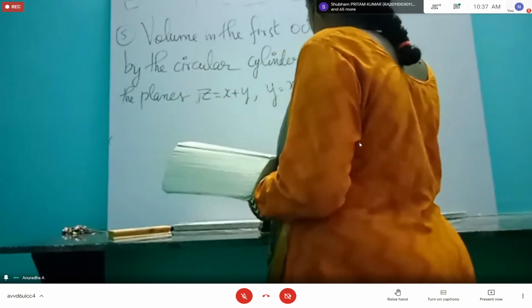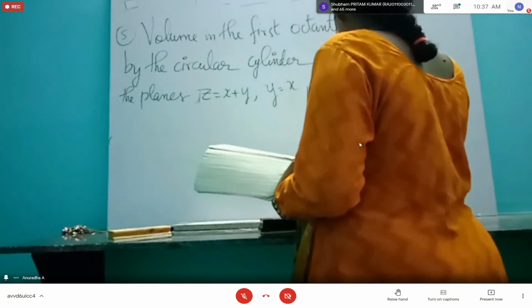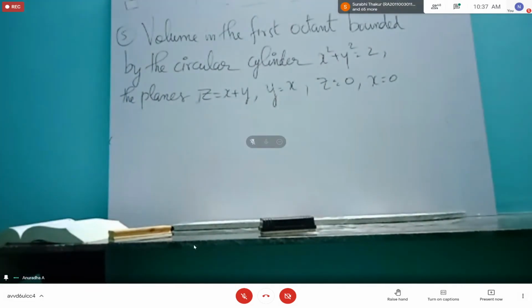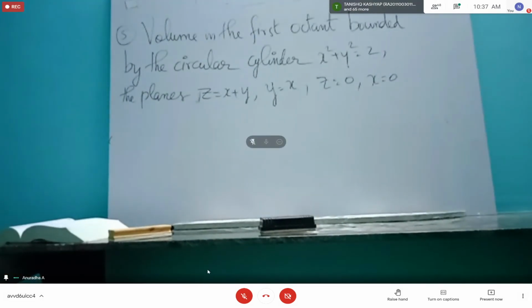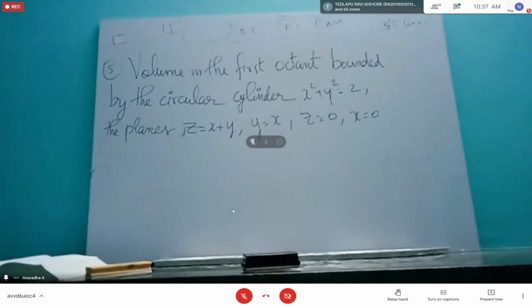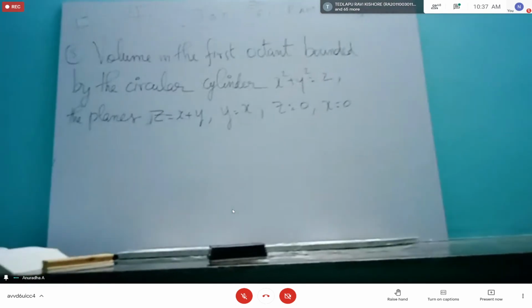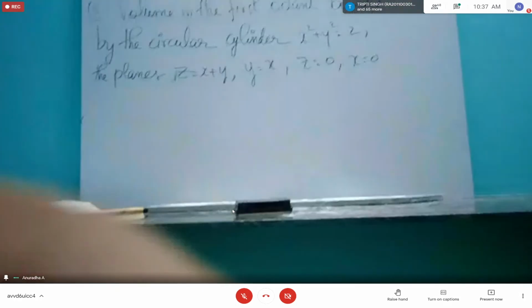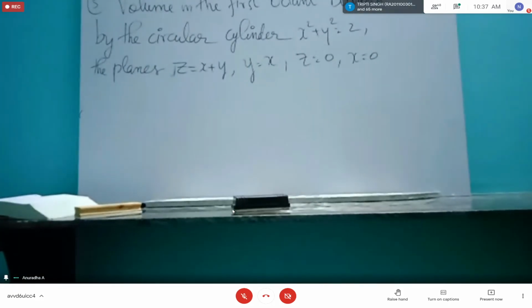What part? The first line is not visible.